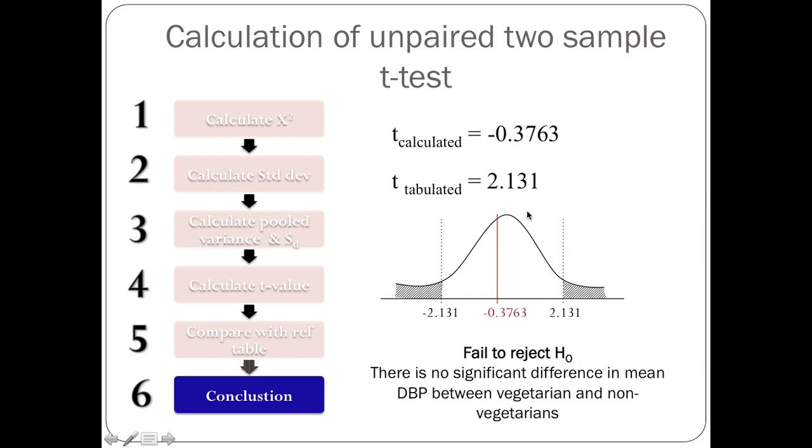Otherwise, when it is falling in between, it will be fail to reject the null hypothesis. Therefore, for this case, you fail to reject the null hypothesis. The conclusion is there is no significant difference in the mean DBP between vegetarians and the non-vegetarians.